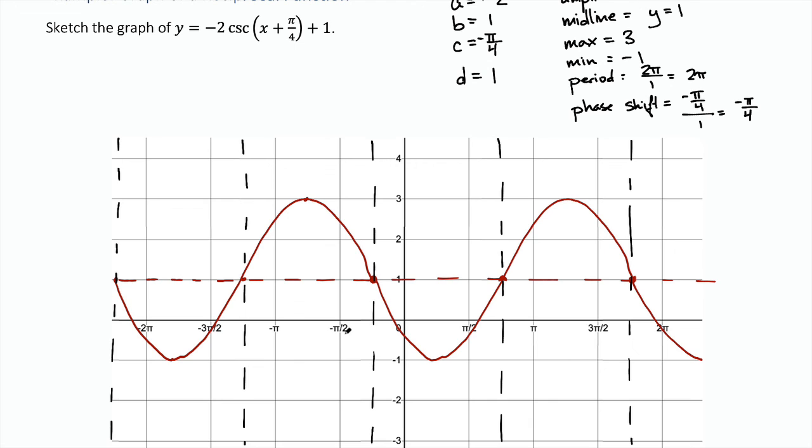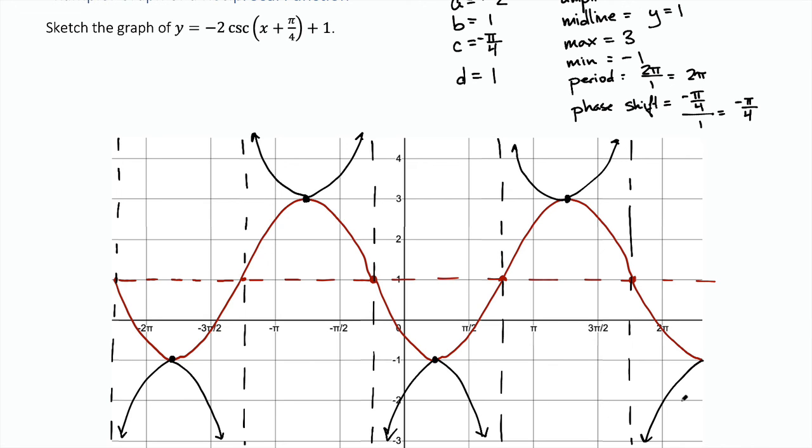And then we take our maximum and minimum points and we just flip around the behavior and follow the asymptotes. And that's really as much as we have to do. Nothing else to it. So what I've drawn here in the black, that is this cosecant function.